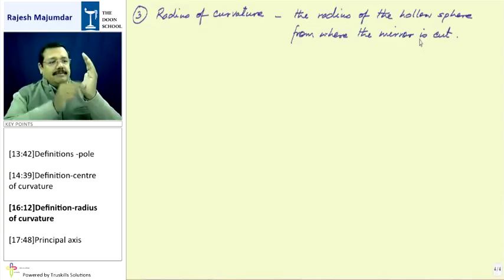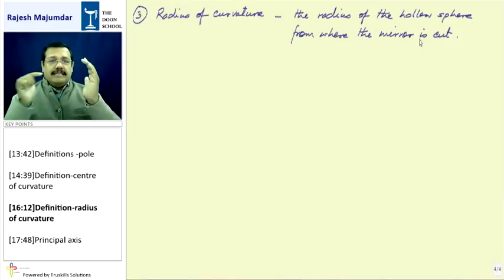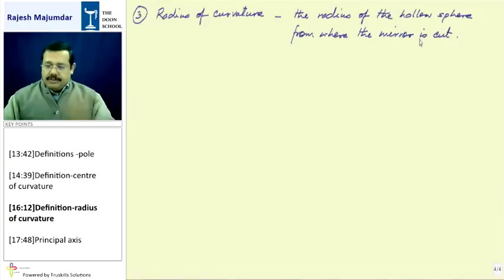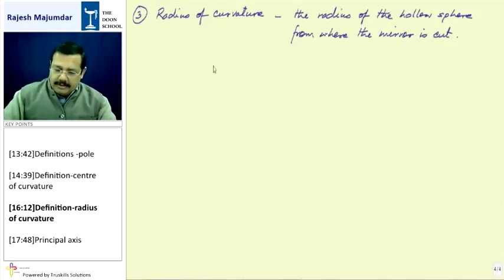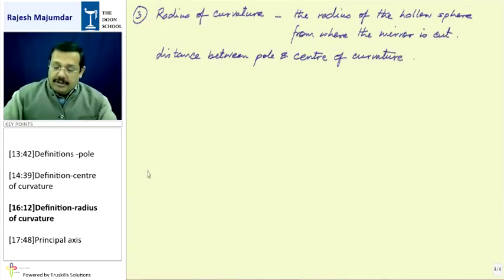Right? This is the mirror. This point is the pole, which is on the mirror, and there is a center of the hollow sphere, which is somewhere here. The distance between these 2 points is the radius of curvature. So it has two definitions. We can also write distance between pole and center of curvature. This is also the definition. Radius of curvature is denoted by capital R.